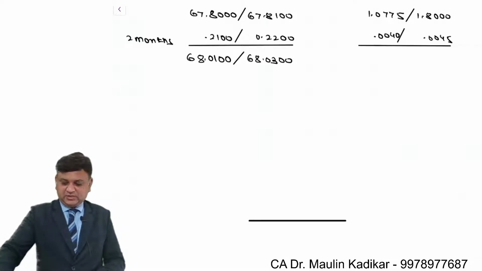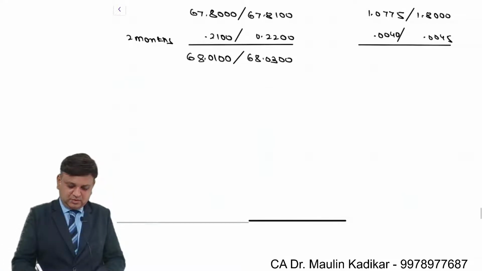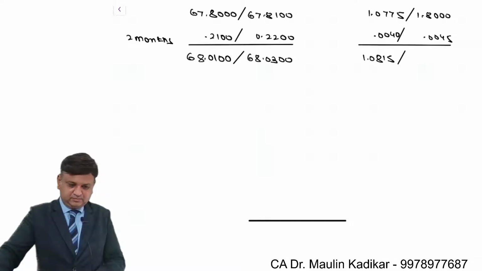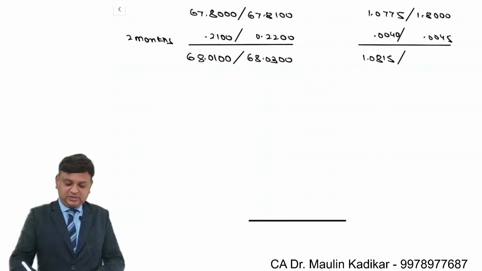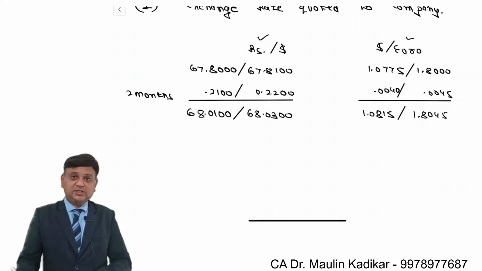On the other hand, it is 1.0775 plus 0.004. Be careful. 1.0815 slash 1.0845. This is rupees per dollar and this is dollar per euro.